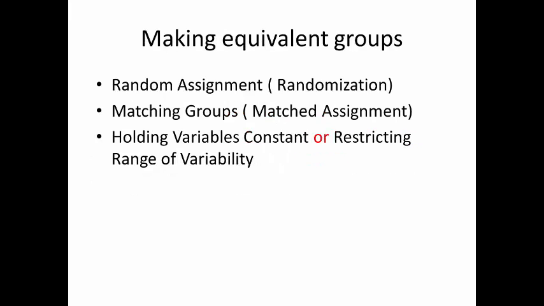Now, the question is, now that we know there are all these threats to internal validity, what can we do to make the groups comparable or equivalent? Basically, there are three ways that we can do that: random assignment, matching groups, and holding variable constant.